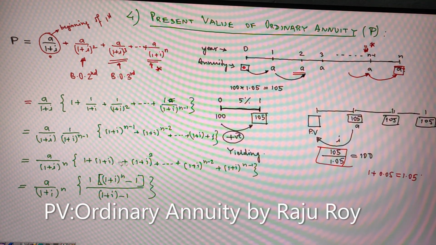Because total n terms will be there. If you count it, when it is the second term, power is 1. When it is the third term, power is 2. When it is the nth term, it will be power n minus 1, isn't it? So this is the nth term actually.